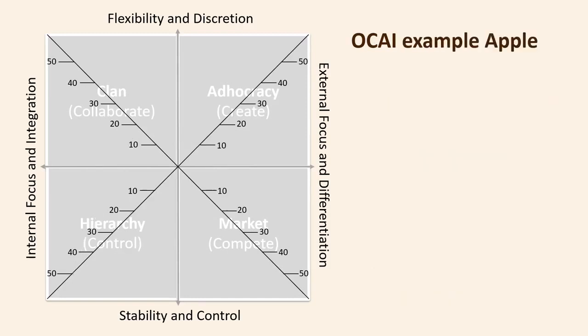Now, let's take a look at Apple's culture change from 1980 to 2000 and a little beyond. Steve Jobs and Stephen Wozniak invented the first personal computer and started the Apple company.